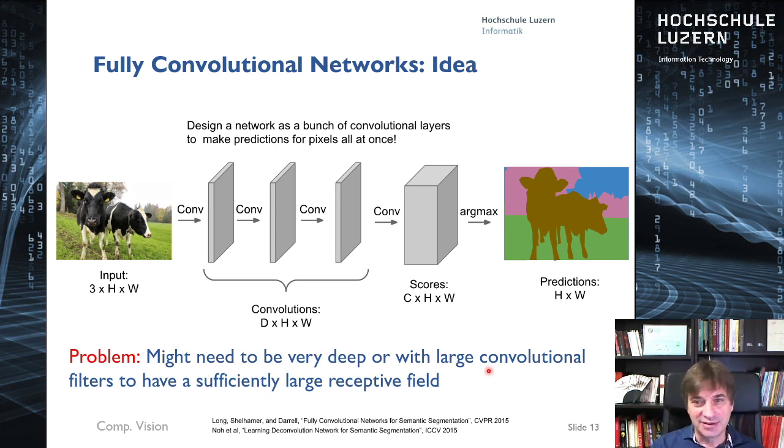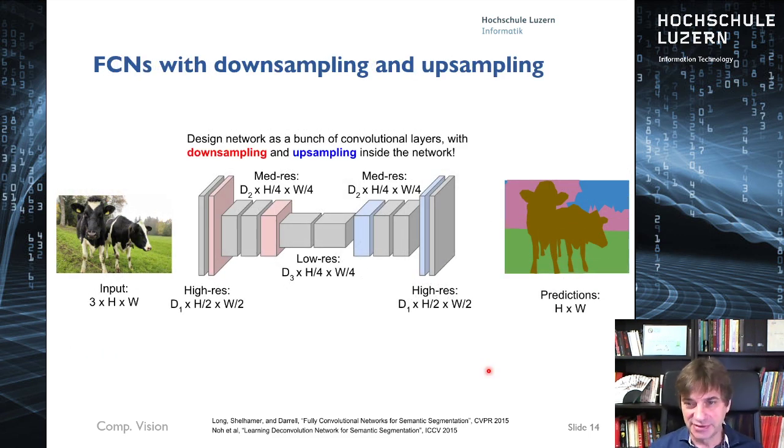Okay, so how do we get these larger receptive fields in normal convolutional networks? We do it, as we have seen, by downsampling. So the images get smaller while they go through the network because you have those strides in the convolution, and you also have the max pool or average pool operations. So you would like to have something like that.